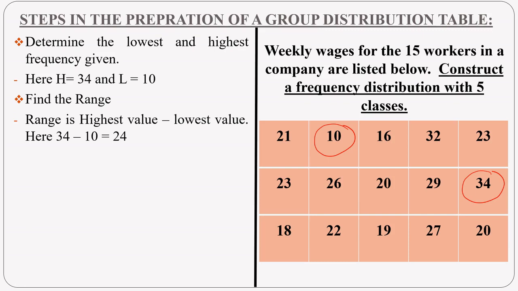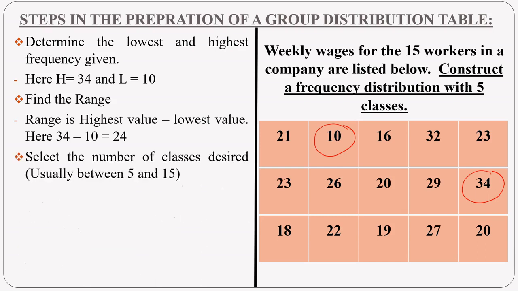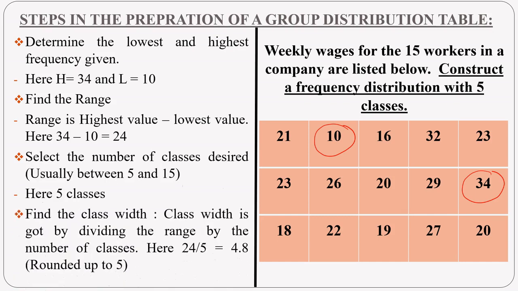After getting 24, how many classes do we need? 5 classes. So we need to divide 24 by 5. If you divide 24 by 5, you will get an answer of 4.8.